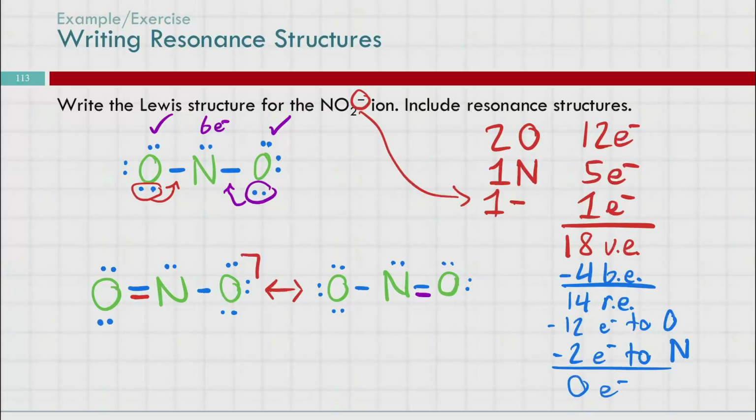So we need that double-headed arrow, and since these are ions, we get to put brackets on them with the one negative charge outside the brackets in the upper right-hand corner. Questions?